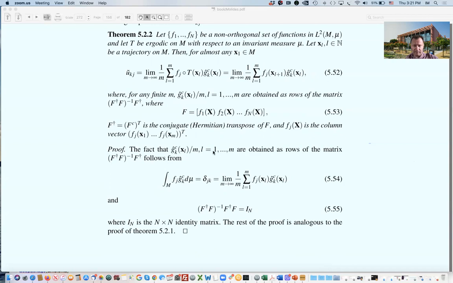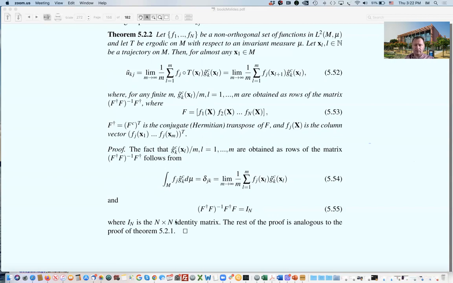So what is in F? What is in F is the functions themselves, so these guys here. So when I multiply these functions, whose values on the trajectory are organized as columns, with the row of this, what should be in a row is precisely the values of this guy here, the dual vector, because that divided by m gives us in this expression exactly delta jk, just like here.